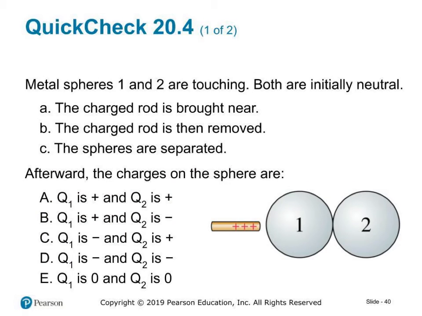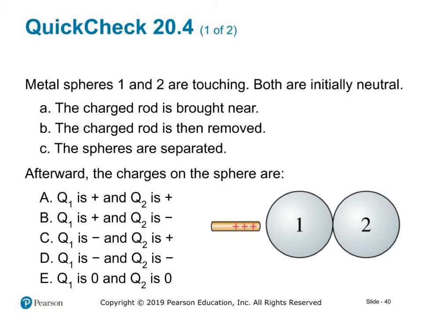All right, next one. Metal spheres 1 and 2 are touching. Both are initially neutral. And then we've got this process we're going to go through, and I'm going to draw it as we go. So both spheres are neutral. We're going to leave them as they are drawn. The charged rod is brought near.